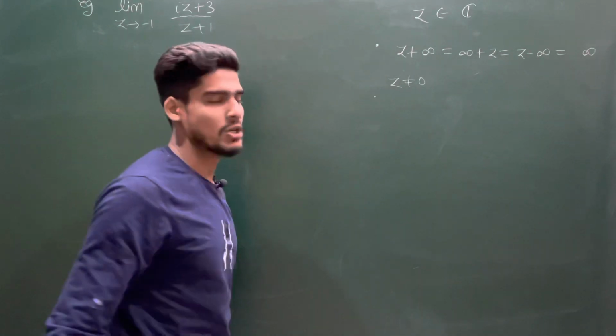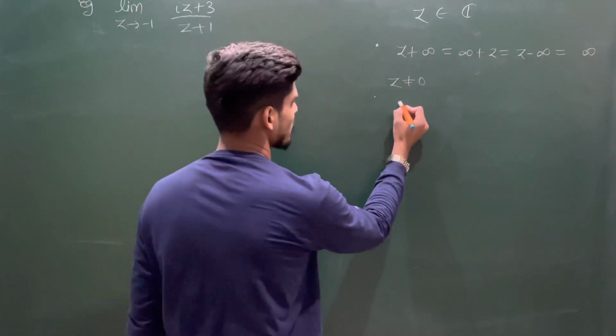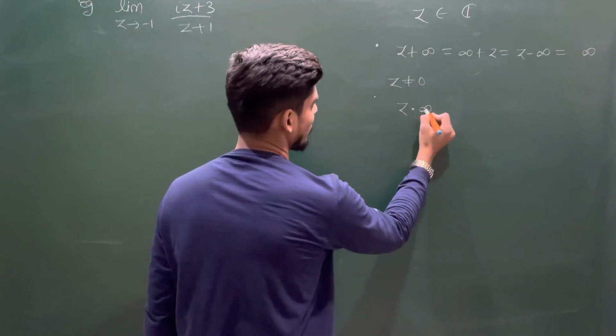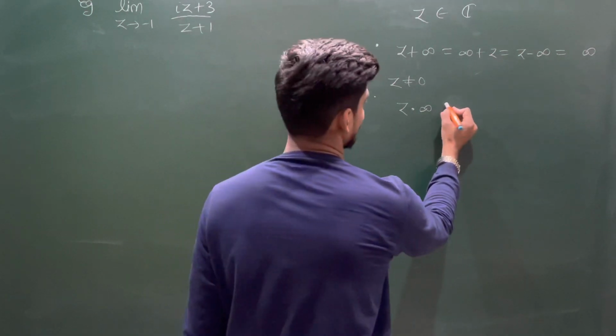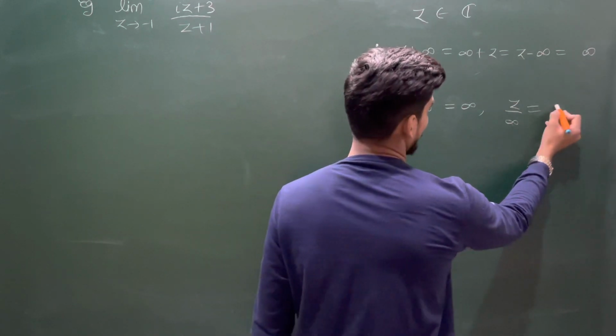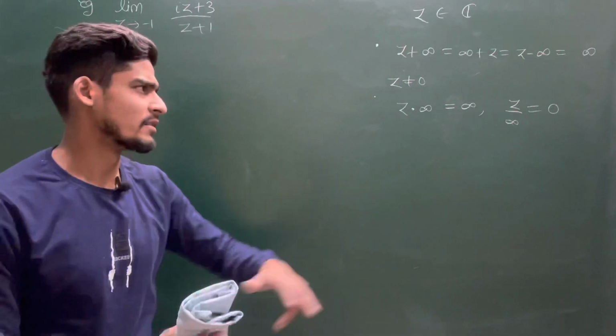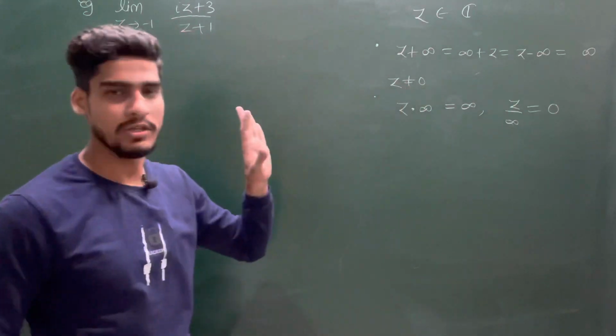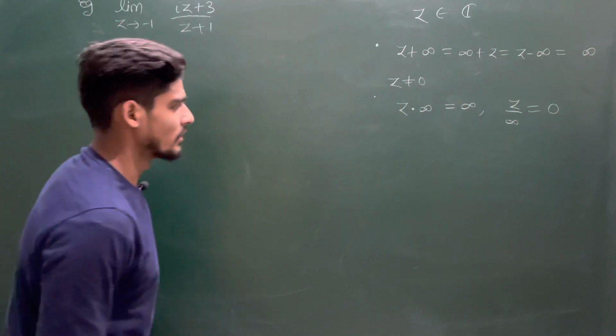If z is non-zero, you can define some more operations. Z into infinity is infinity. Z by infinity is 0, where z is some fixed complex number which is non-zero.